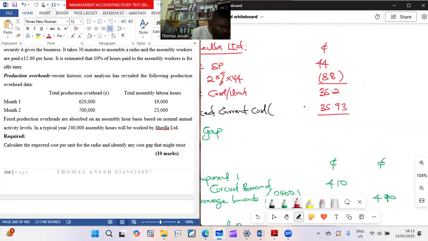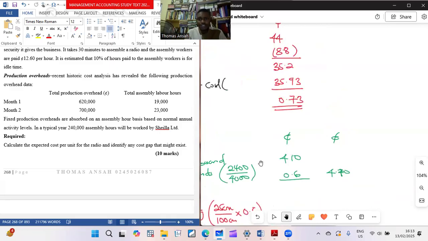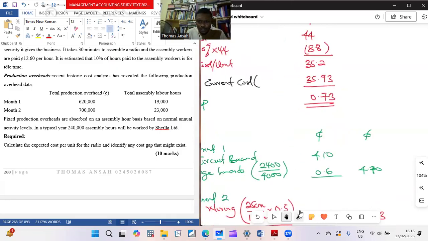So if you check, minus 35.2 will give a 0.73 gap. So that is the gap. All right. How can we reduce this gap? It means we need to find a way of reducing this cost.